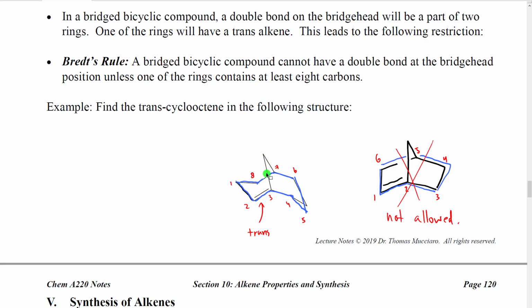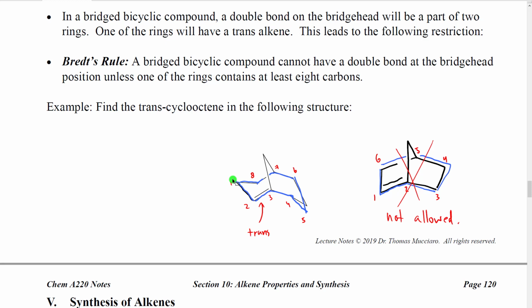So that 6-membered ring is one of the rings. We also have a ring on this side: 1, 2, 3, 4, 5, 6, back to where we started. There's another 6-membered ring here. Finally, we have a larger ring which goes around the bottom: 1, 2, 3, 4, 5, 6, 7, 8, back to where we started. So these are the 3 rings.